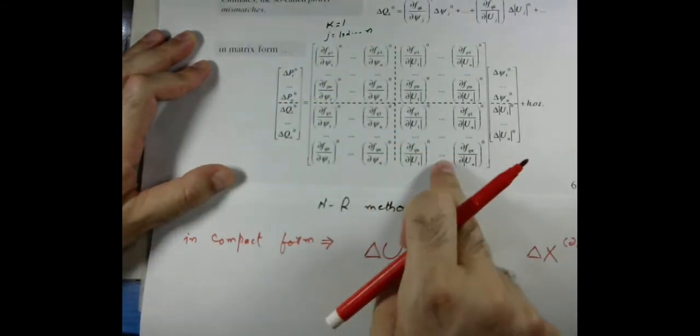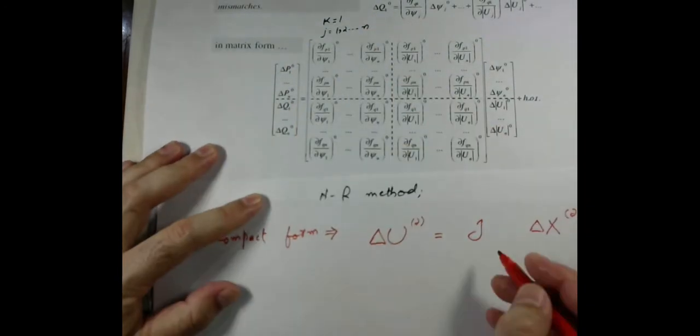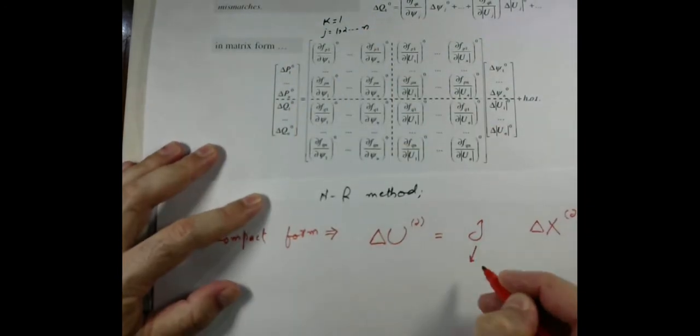This matrix we call the Jacobian matrix. So this J, which is this matrix, is basically the Jacobian matrix.